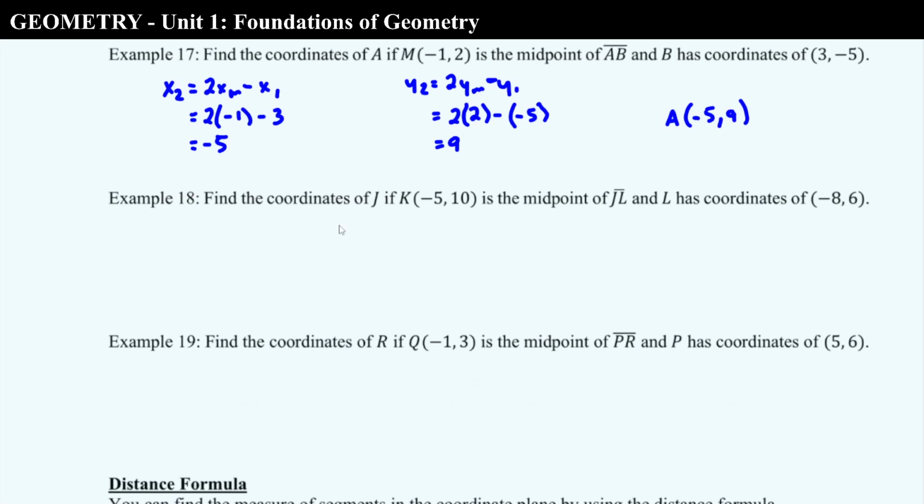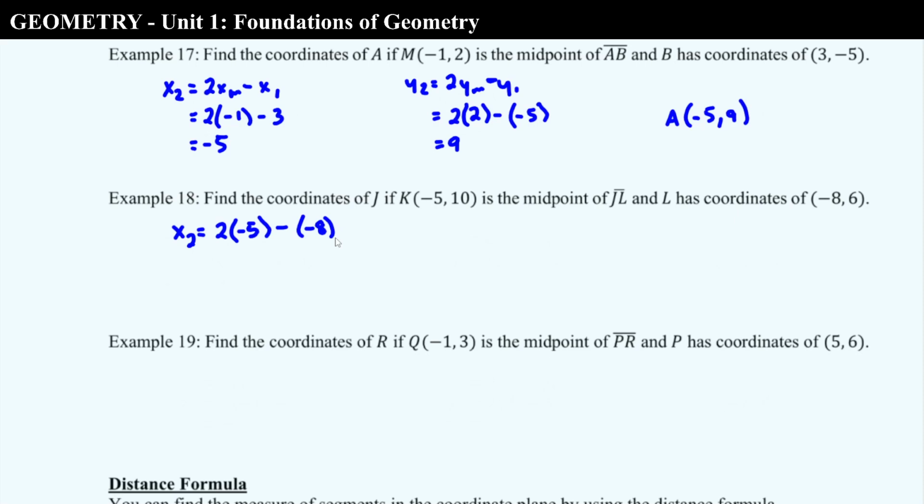All right, for example 18, same sort of deal. And I'm not going to write the formula again. We've got it up here at the top. So we've got 2 times -5, because K is our midpoint. The other endpoint, x value, is -8, so we got minus -8.